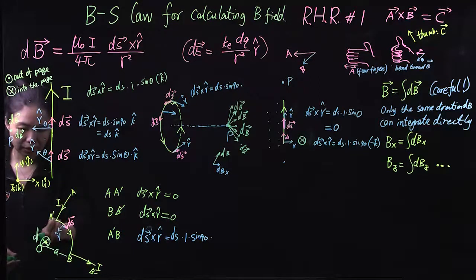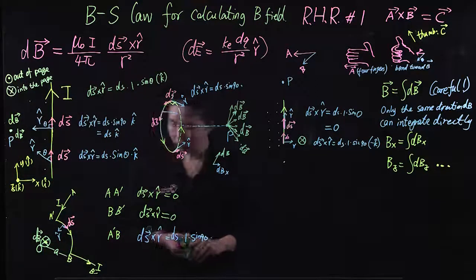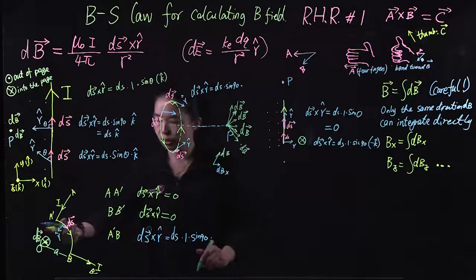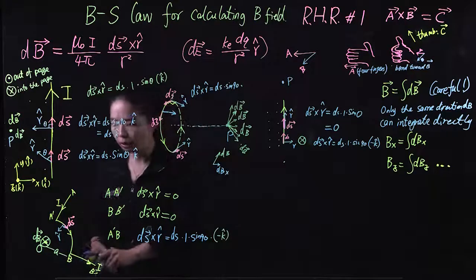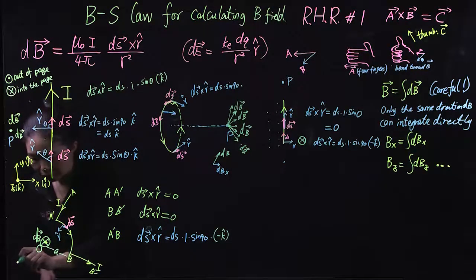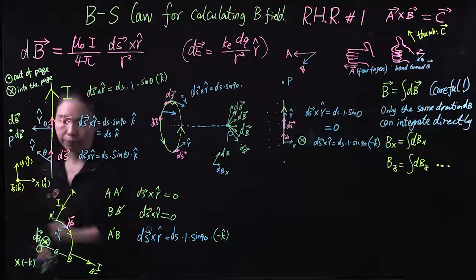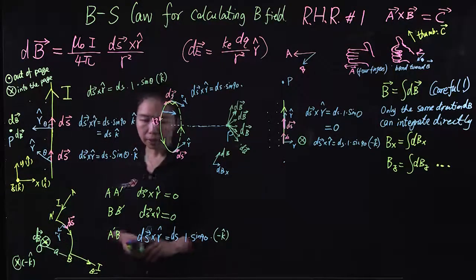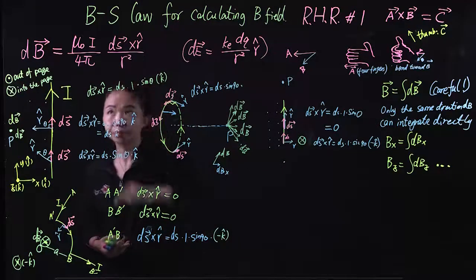That is your dB. You can define into the page to be the negative k direction, or if you like, you can define it to be the positive k direction. Just to be clear, into the page is negative k, and out of page is k. Having this in mind, we can start using the Biot-Savart law.